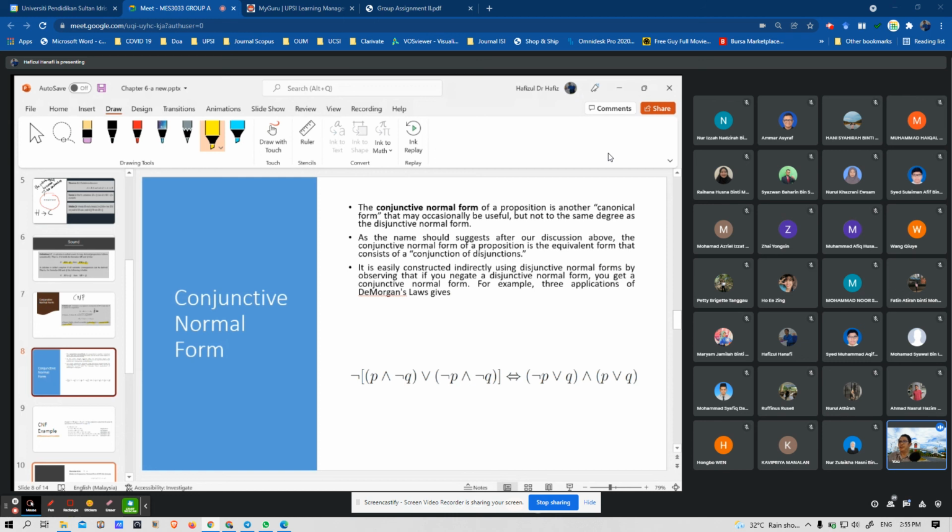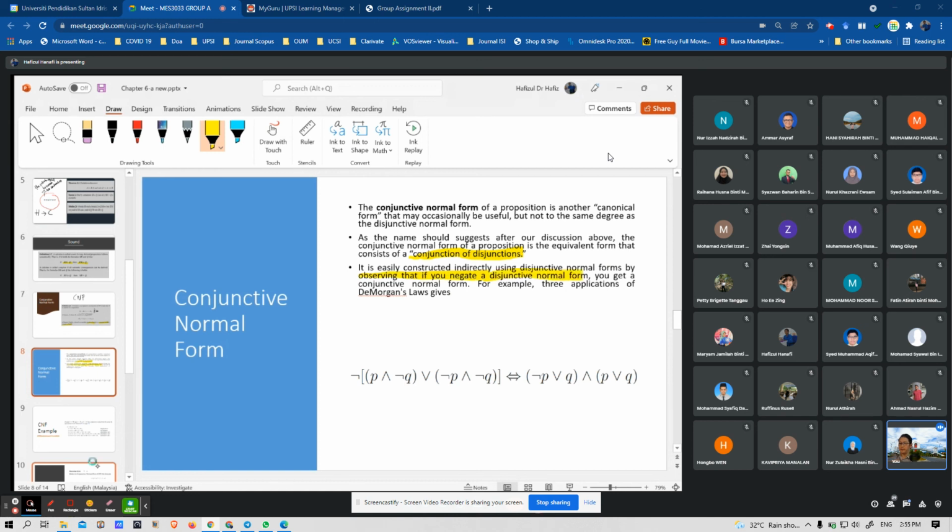As the name suggests after our discussion before this, the conjunctive normal form of a proposition is the equivalent form that consists of a conjunction of disjunctions. It is easily constructed indirectly using the disjunctive normal form, by observing that if you negate all of the values of the disjunctive normal form, DNF, you get a conjunctive normal form.